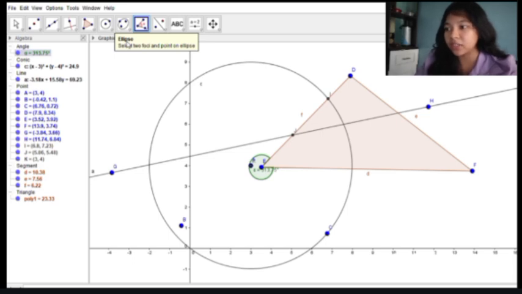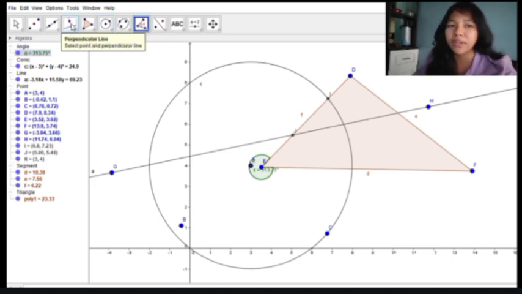Ellipse: select two foci and a point on the ellipse. Circle with center through a point: select the center point, then a point on the circle. You don't need to memorize what it does and then search for it. No, it already shows you what it can do.